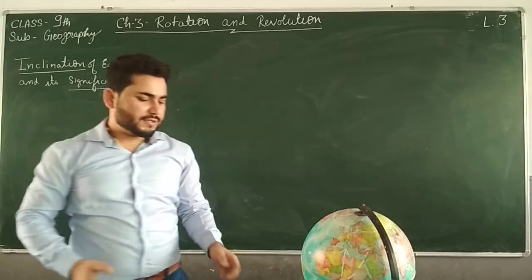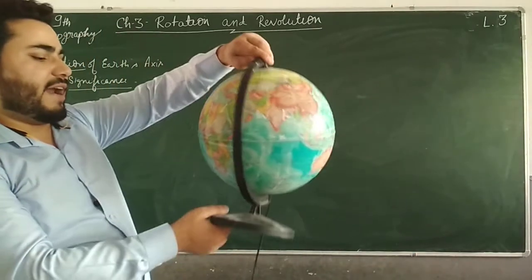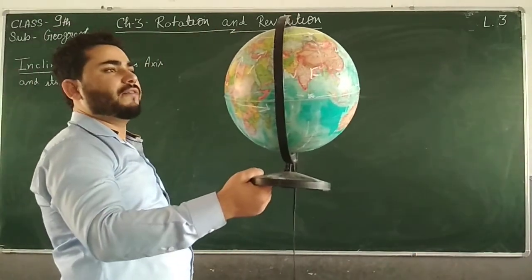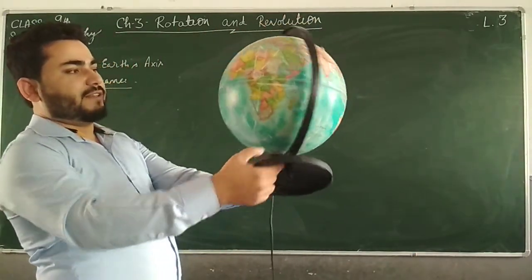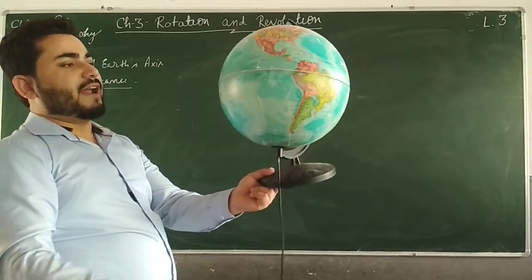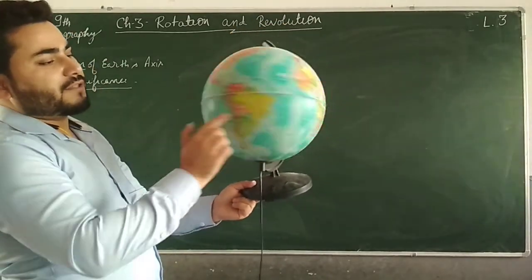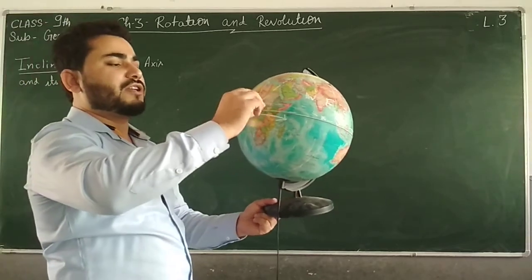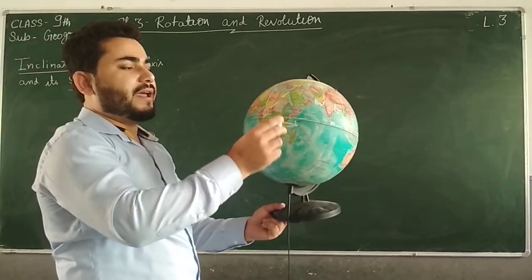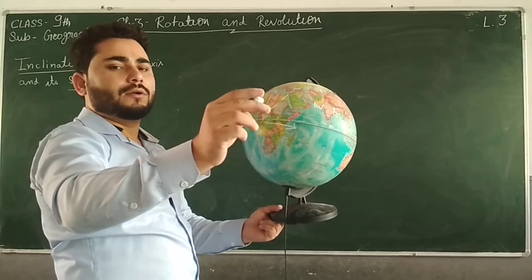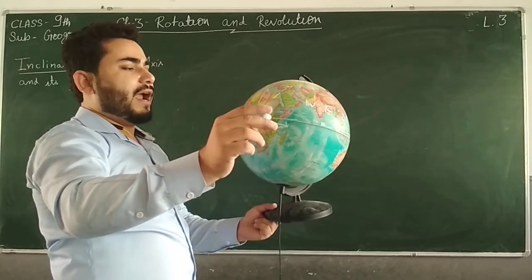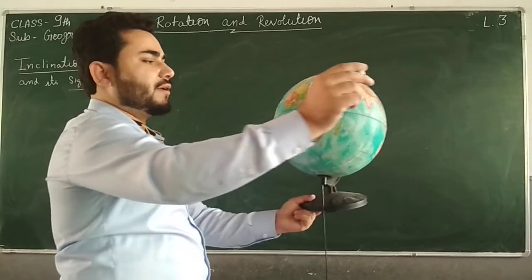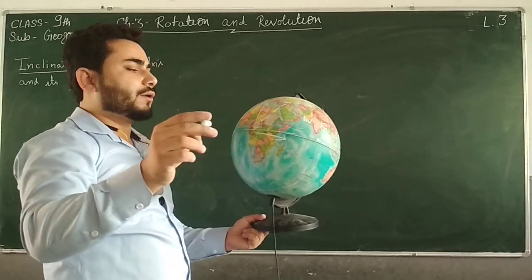If this was not inclined at an angle of 66 and a half degree, if it was straight like this, then the sun rays would have fallen straight on the equator and nearby areas throughout the year.